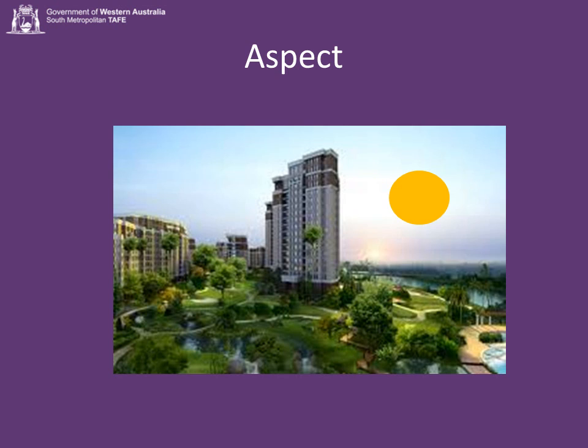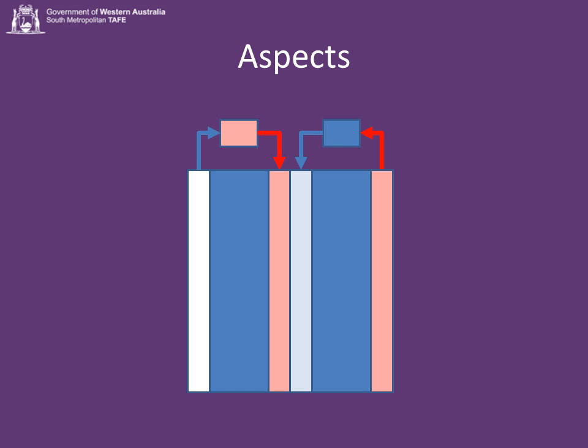The west side of this building is going to get very cold because it's in shadow. Traditionally, we would have 2 air handling units on the roof. One air handling unit is handling the east side and one air handling unit is handling the west side of the building.